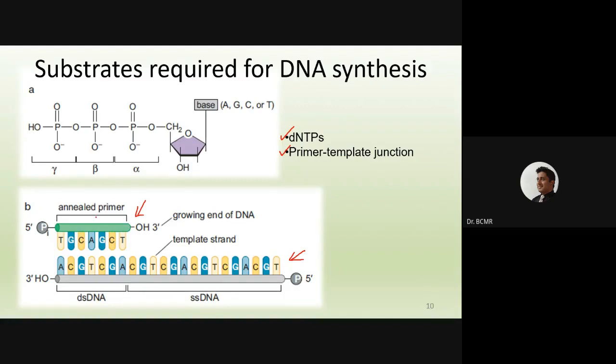It can only do so when there is a primer-template junction. That means DNA polymerase can only add more bases to this 3 prime OH. Quickly, if you are going to forget, this is deoxyribose, 2 prime, this is 1 prime, this is the 3 prime OH. That is where polymerization happens.